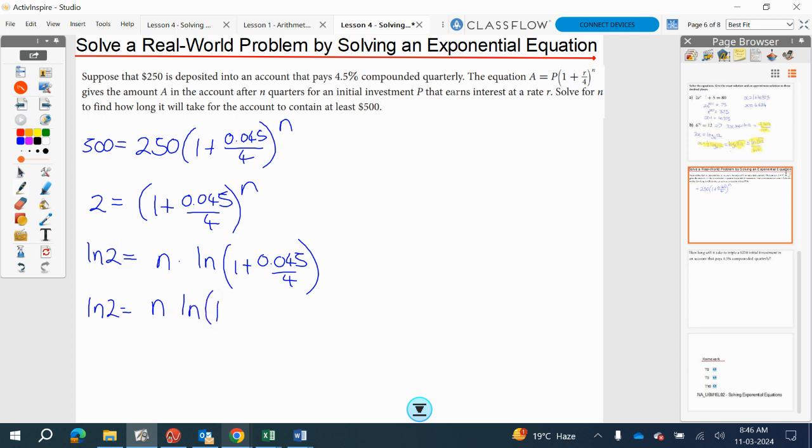This is 1.01125. Add these together, it's a bit neater. So n is equal to ln 2 over ln 1.01125. Do we need an approximate? This is the exact value. Type that one into our calculator.